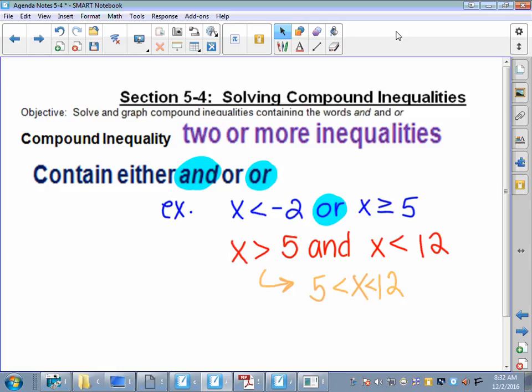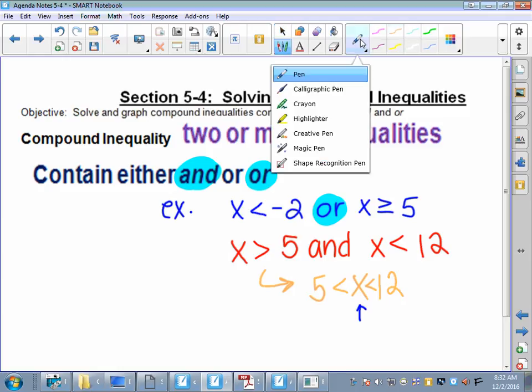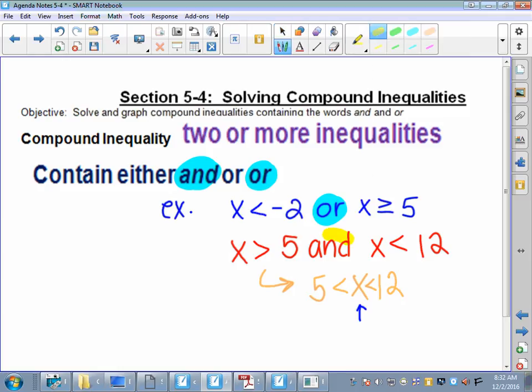Five is less than x, and x is less than 12. I usually read that backwards, and I start with the x, so I say x is greater than 5, and x is less than 12. But these are the two ways that we could have a compound inequality, either an and or an or, and that and could sometimes be stuck all in one.